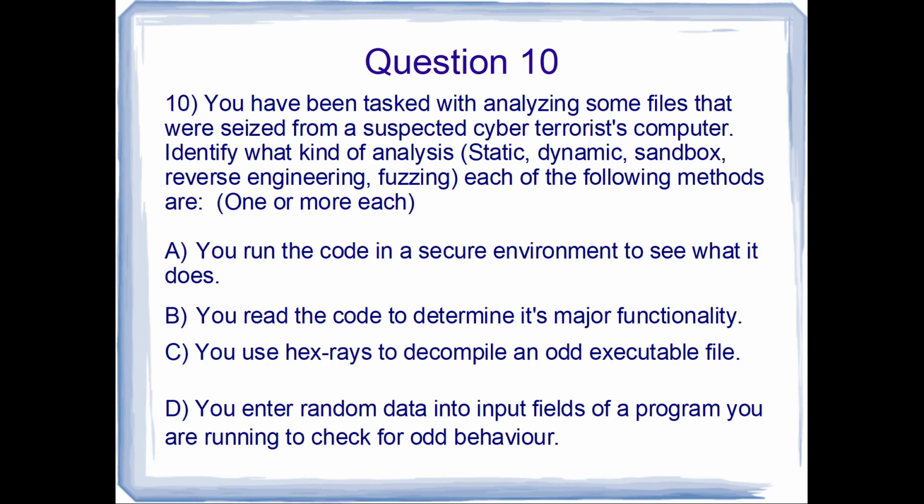So we have A, you run the code in a secure environment to see what it does. B, you read the code to determine its major functionality. C, you use hex rays to decompile an odd executable file. Or D, you enter random data into input fields of a program you are running to check for odd behavior.